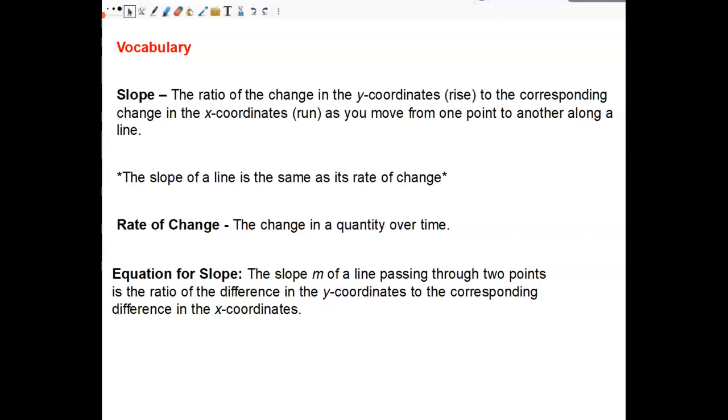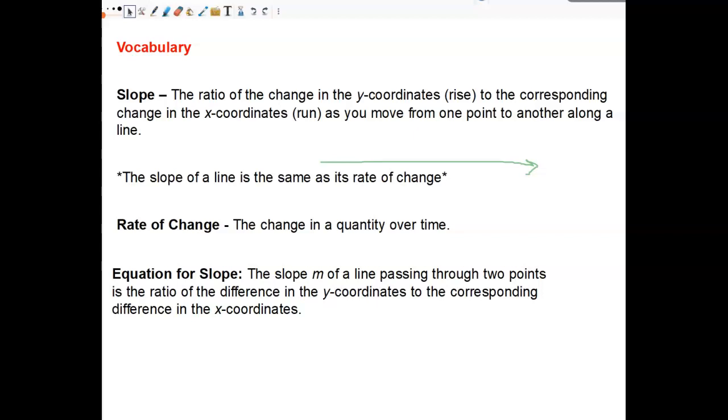Slope is the ratio of change in the y-coordinate to the corresponding change in the x-coordinate as you move from one point to another along a line. When we were younger and learned about slope, you learned it as rise over run. That came from the idea that you run along the grass.